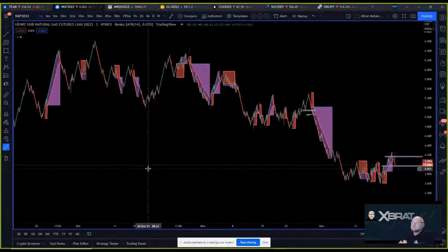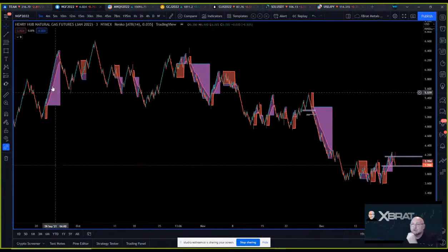Okay, so you're talking about a 15% losing rate there on the 3 minute. Now, take a little note, 15%, so an 85% win rate, 3 minute Renko NG on the ATR 14.